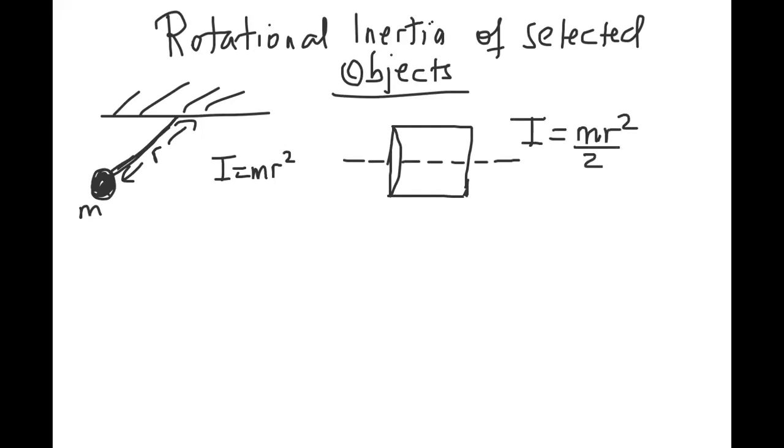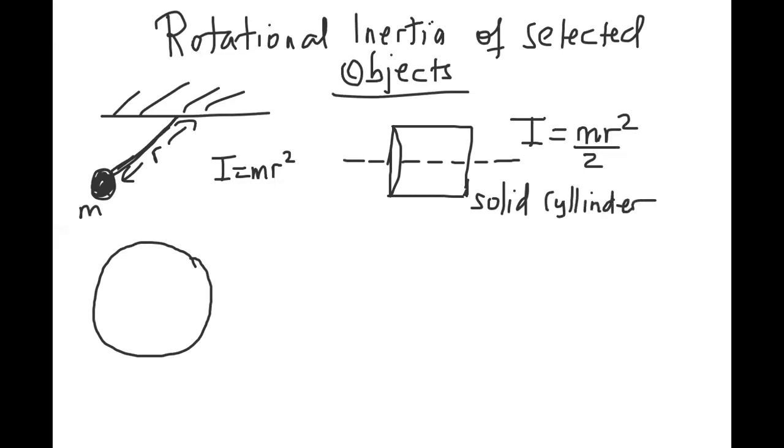And for a sphere, we have a sphere like here. By the way, this one is the solid cylinder, and this one is the simple pendulum. This is what we call a sphere of radius r, and the axis of rotation is through the center here.